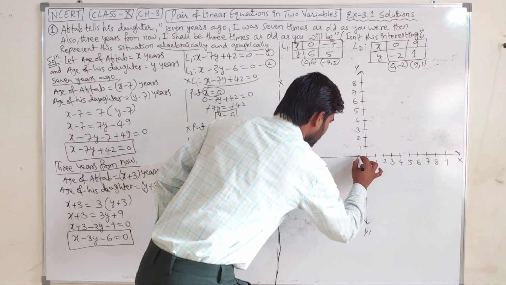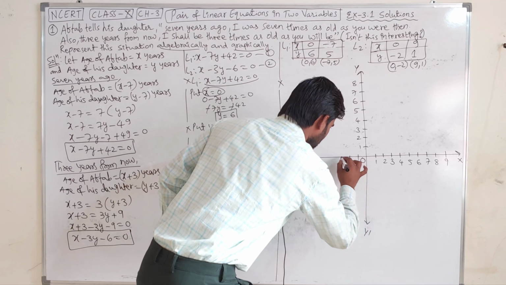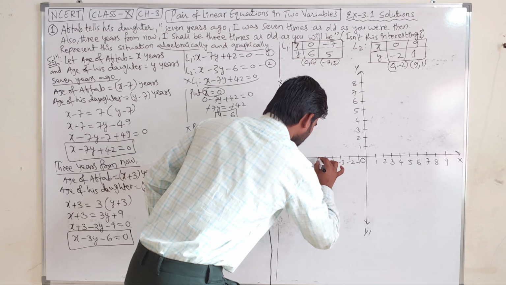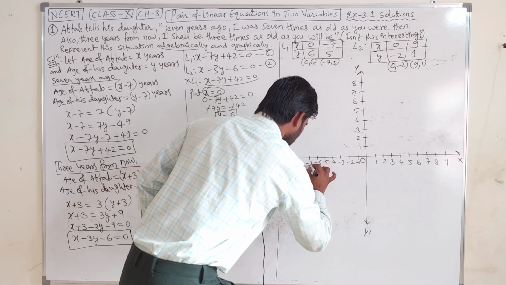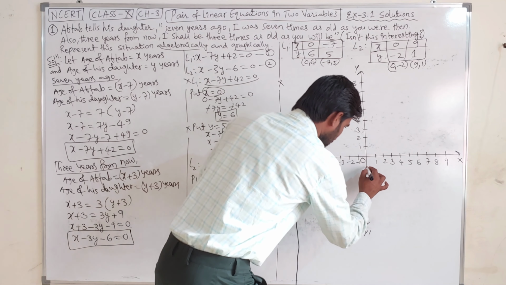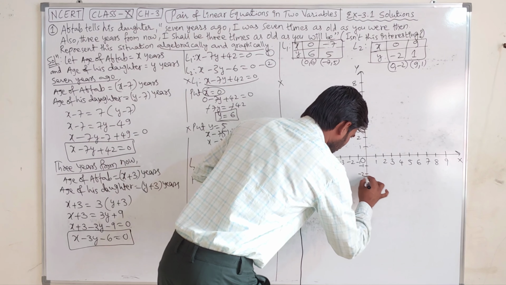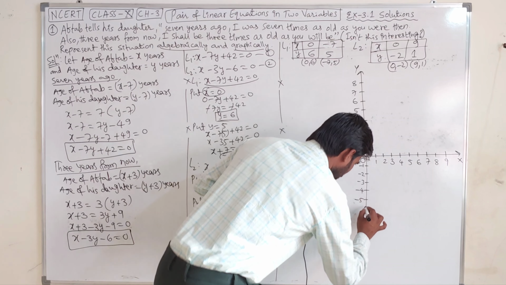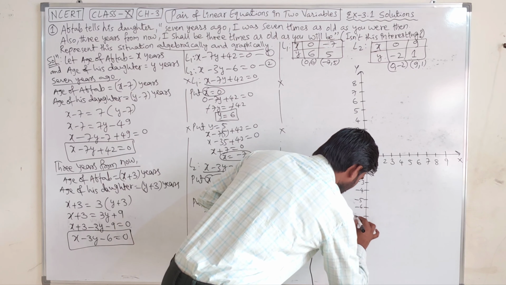Next, minus 1, minus 2, minus 3, minus 4, minus 5, minus 6, minus 7, minus 8, minus 9. Next here, minus 1, minus 2, minus 3, minus 4, minus 5, minus 6, minus 7.